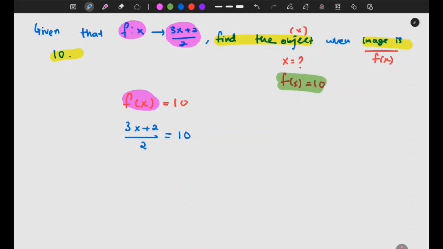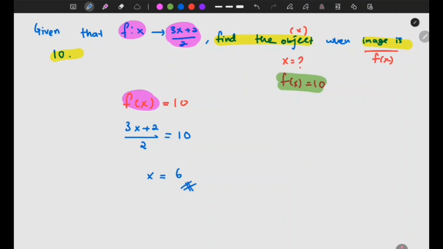Next is just like your normal mathematics. Now you're doing Add Maths, so you don't have to show substituting. Bring the 2 up, times 10, then minus 2, then divide by 3. You don't have to show it; you can do it in your brain or use a calculator and get your answer. You're probably getting 6.